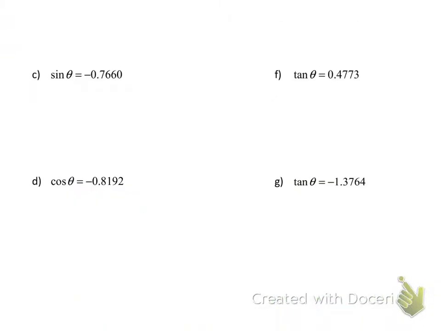Okay, so let's do the last couple. For sine theta of negative 0.7660, our reference angle is going to be sine inverse of 0.7660, which equals about 50.